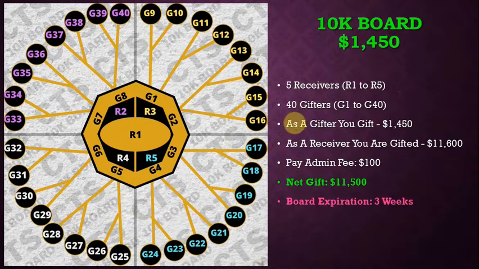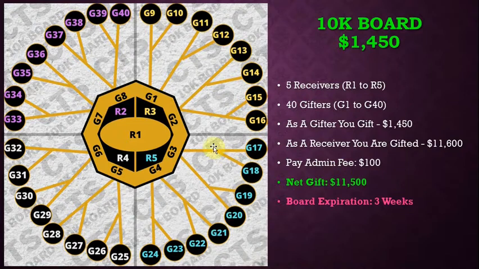Now, as a gifter, you gift $1,450, and as a receiver, you are gifted $11,600. You pay the admin fee of $100, and you have a net gift of $11,500 in hand to do as you choose.